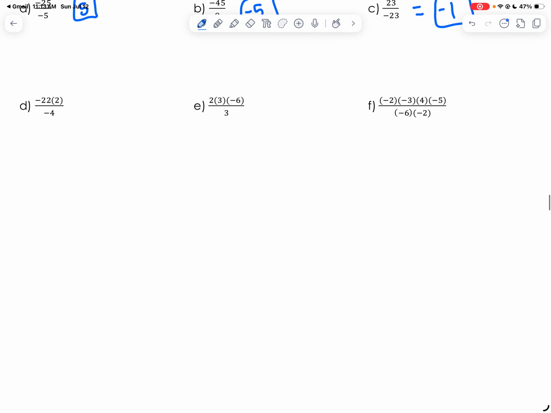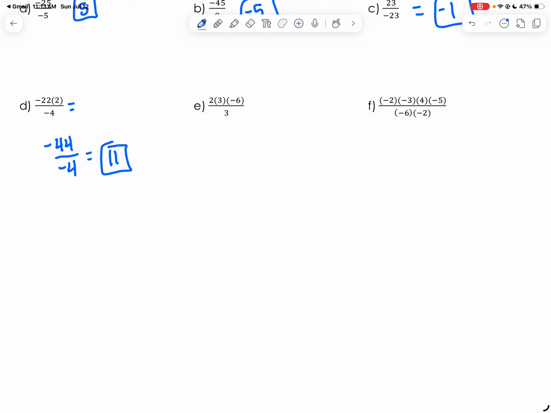All right, problem D. We have -22 times 2 divided by -4. So you want to do the numerator first. So -22 times 2 would be -44 divided by -4. Now you're going to work that out. So 44 divided by 4 is 11, and a negative divided by a negative is a positive.